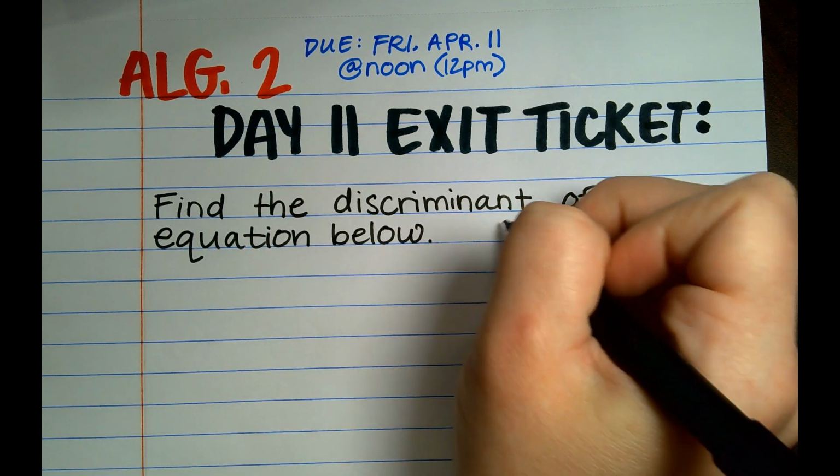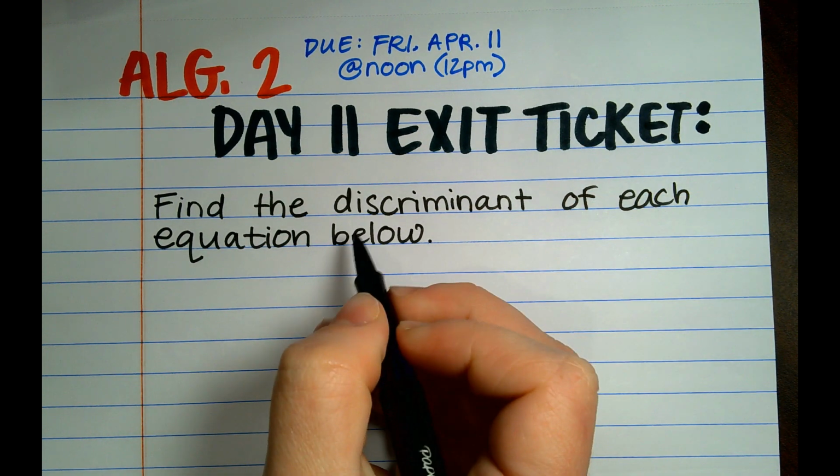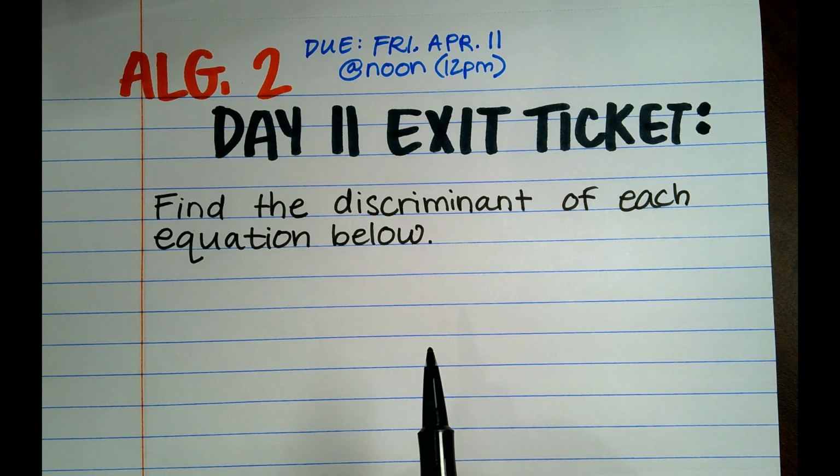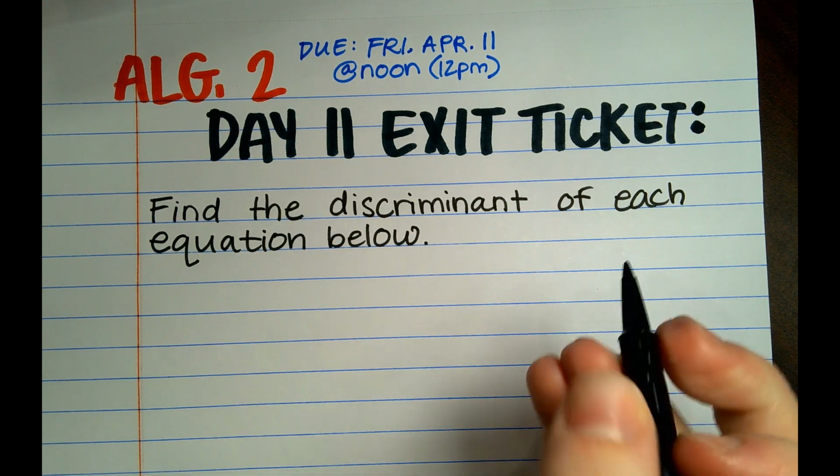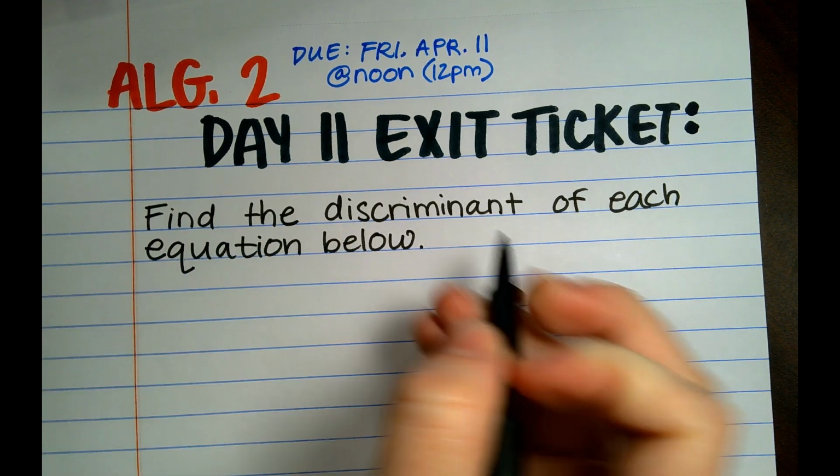Okay, you will then tell me how many real solutions there are. And we talked about that briefly today. If you were not here for that part of the notes and don't know what I mean by that, you're welcome to come see me. I can run that through with you real quick.